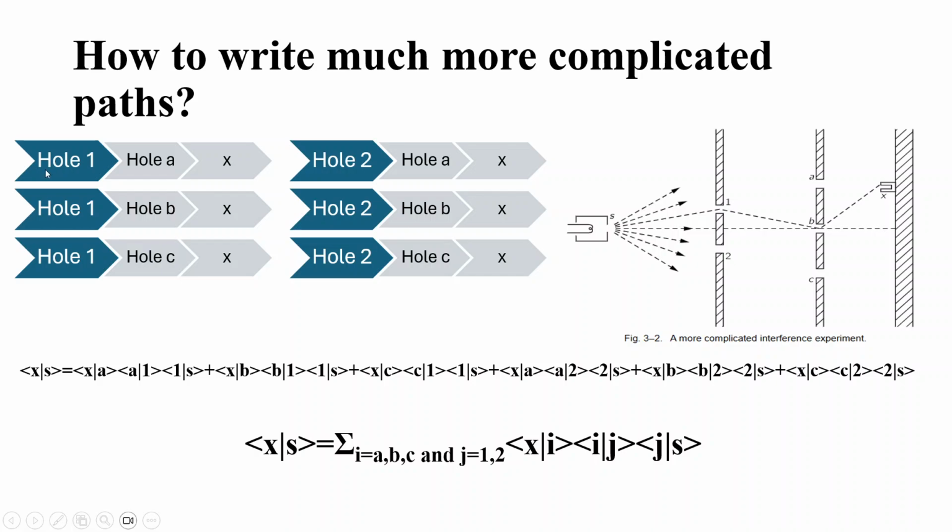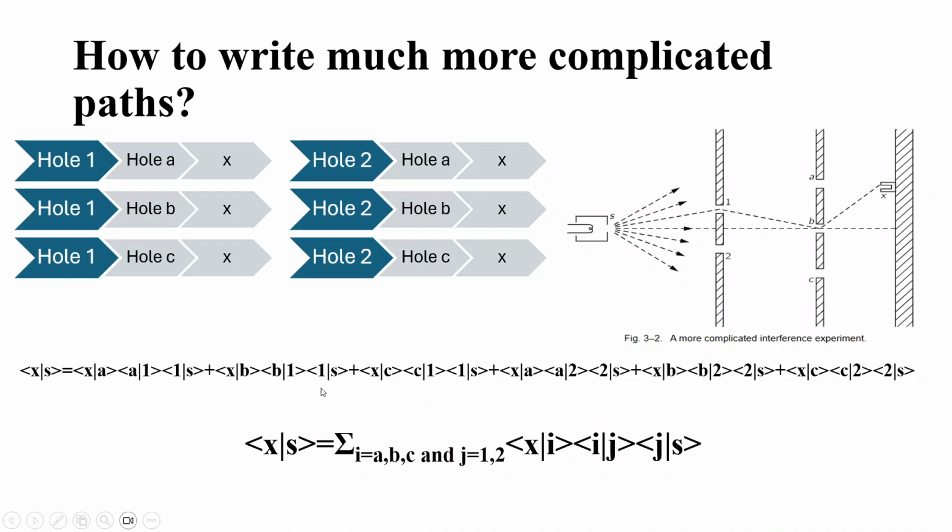First possibility is that particle can go from hole 1, then to hole A, then to X. It might go from hole 1 to hole B, then X, or hole 1 to hole C to X, or it can follow these paths: hole 2 to hole A, then X, hole 2 to hole B, then X, hole 2 to hole C, then X.